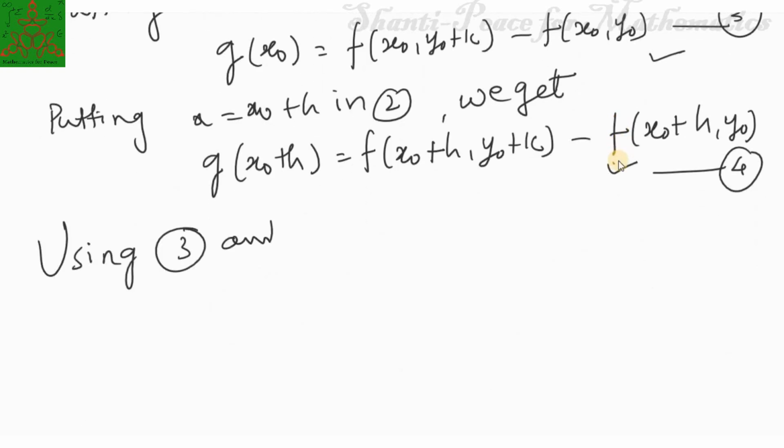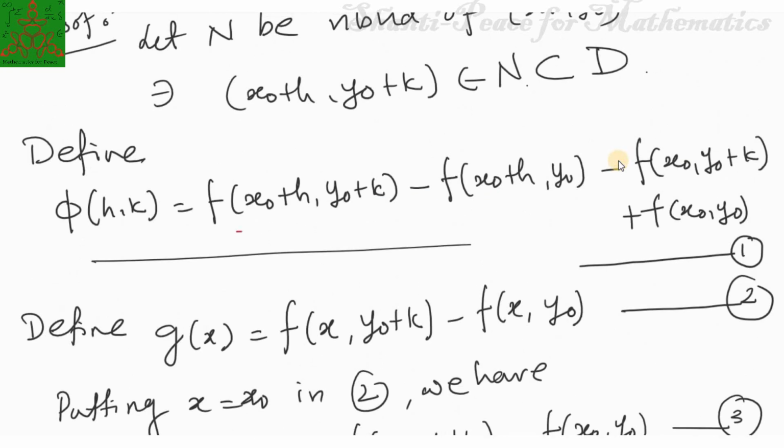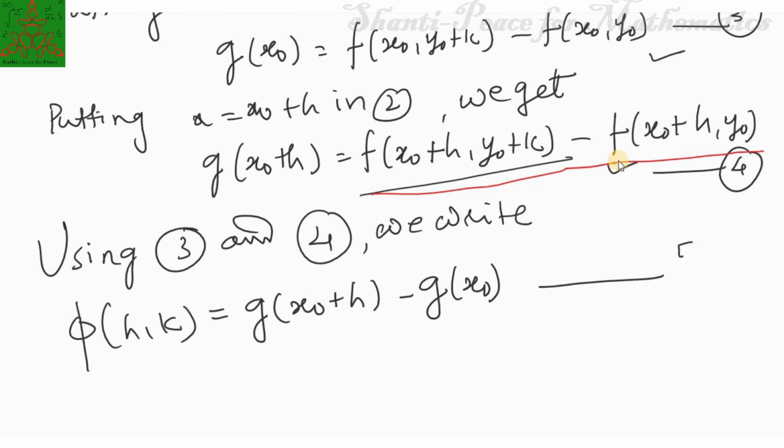Using 3 and 4, we write phi(h, k). The quantity f(x0 + h, y0 + k) minus f(x0 + h, y0) in equation 1 is actually g(x0 + h), and the second quantity is g(x0). So we have g(x0 + h) minus g(x0). I call this equation 5.